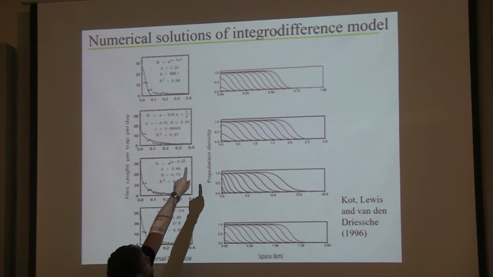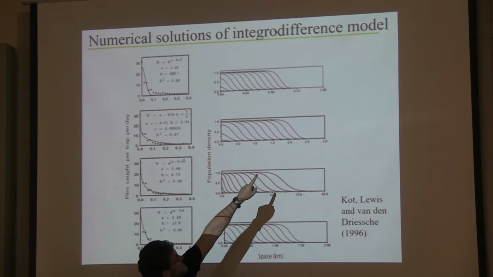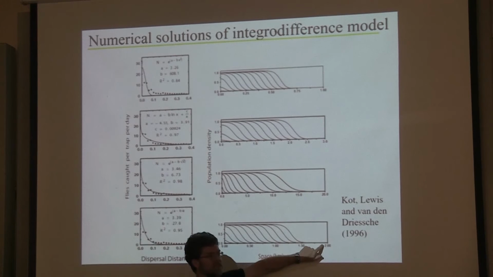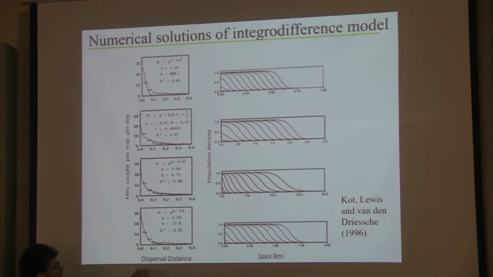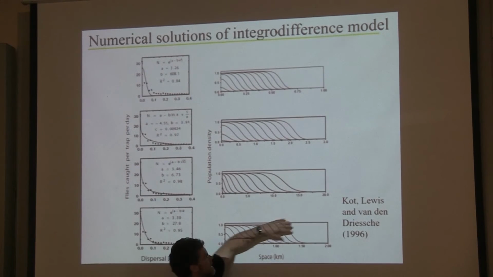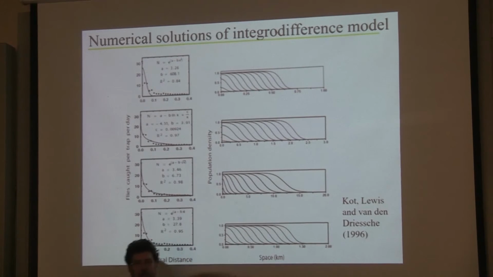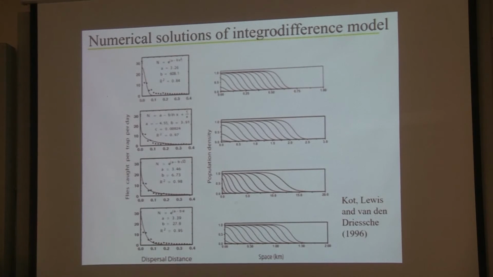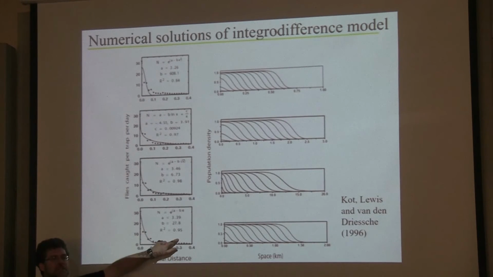At the top, there's a wave that goes to distance 1. This is distance 3, this is distance 20, and this is distance 2. This is an accelerating wave, okay? And these are waves that move at constant speed. The devil's in the details of these dispersal kernels: you have to get their details very well at the leading edge.